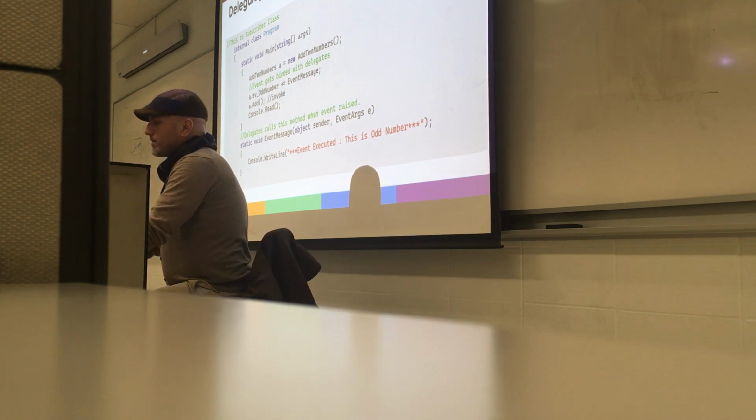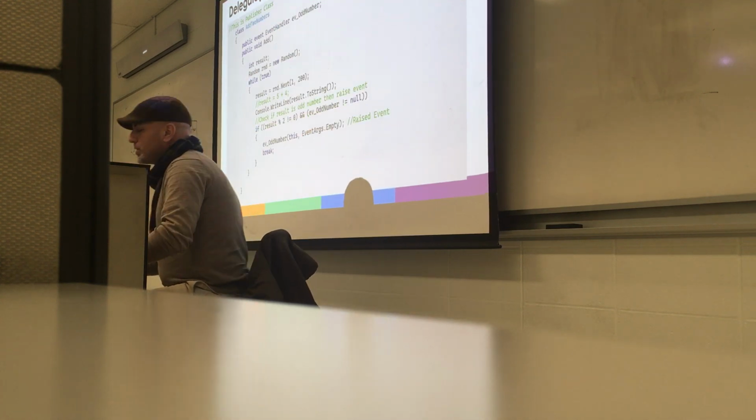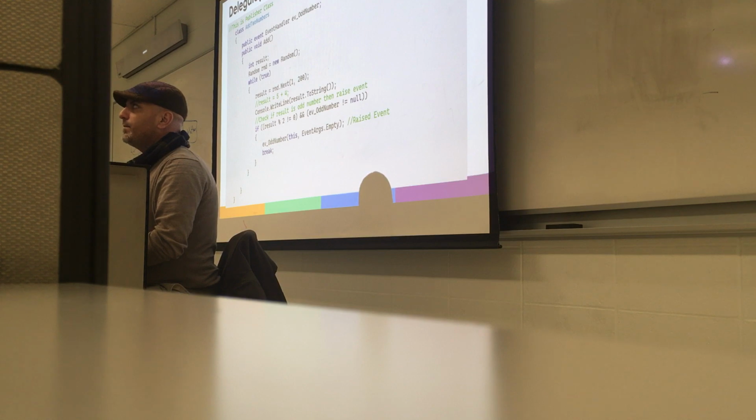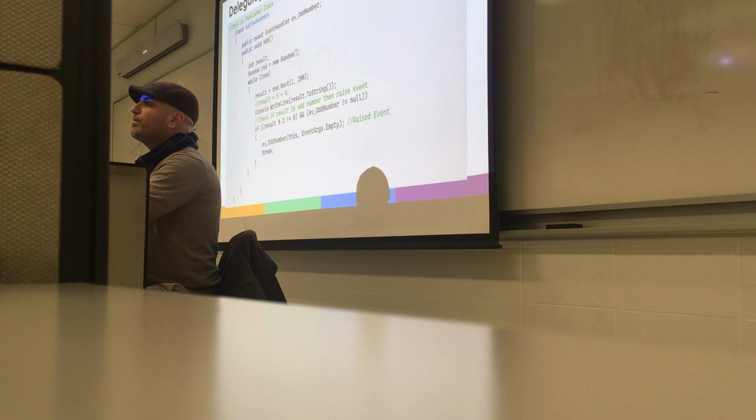Try this code, please. You already tried the previous example. If the current speed is more than the maximum speed, invoke the event handler and invoke the method inside the event handler.